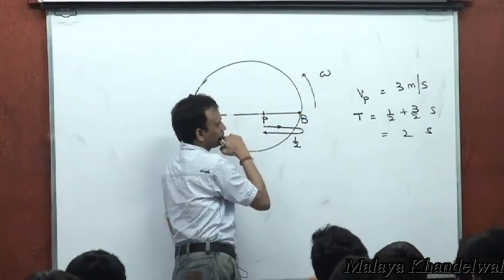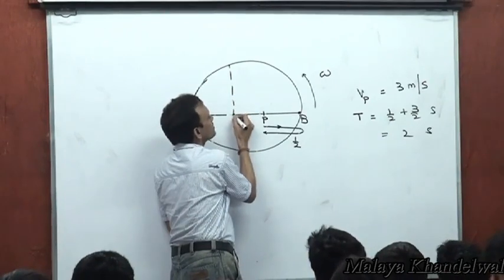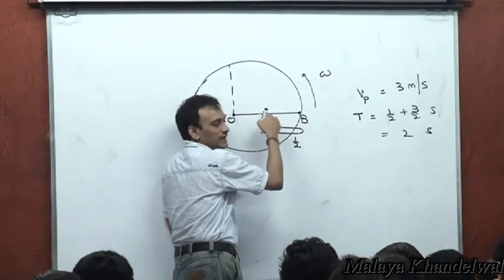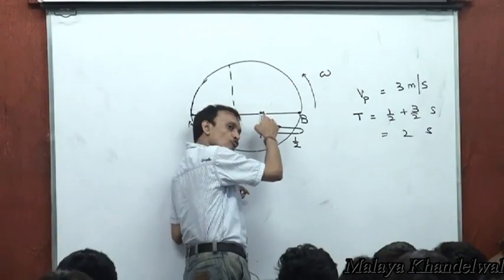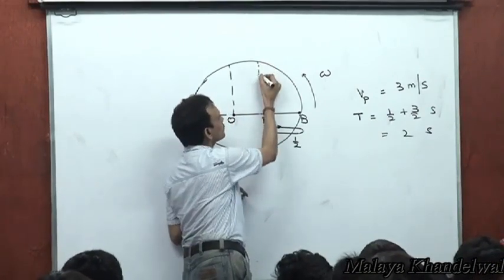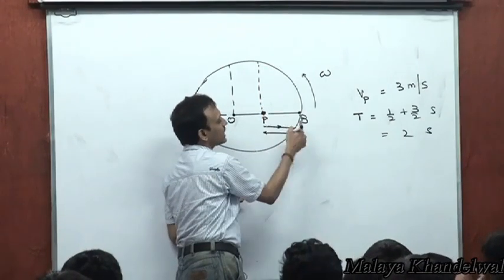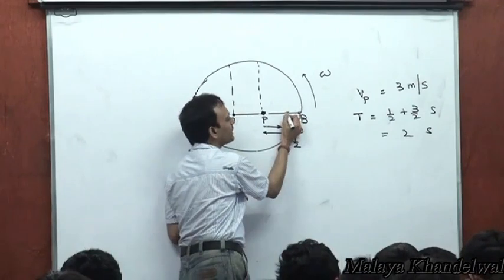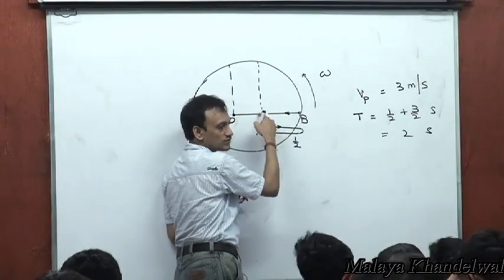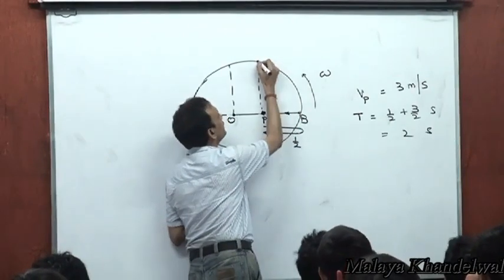This is the mean position O. From B to P, what's the time taken? 1/4 of a second. So by the time the oscillator goes from B to P, the auxiliary particle goes from B to P prime.